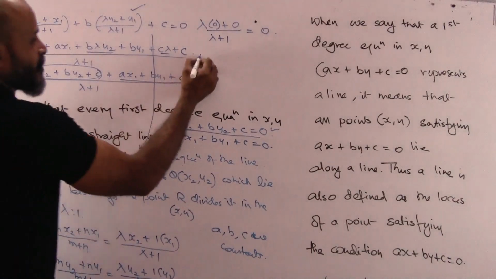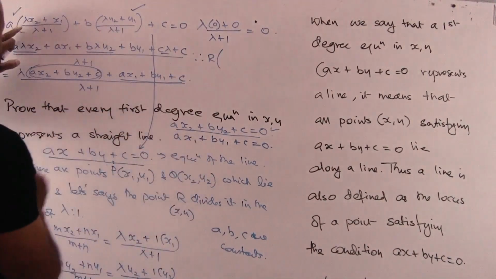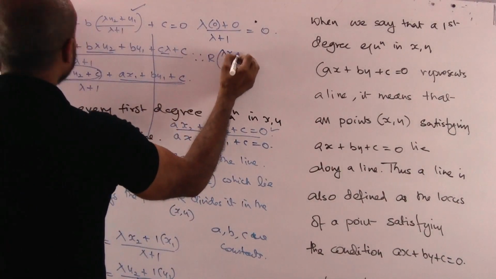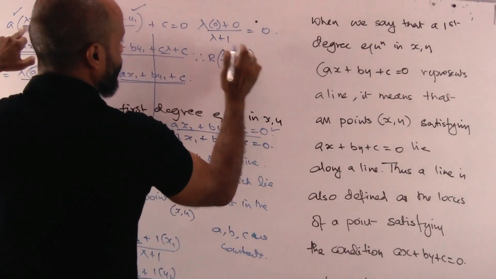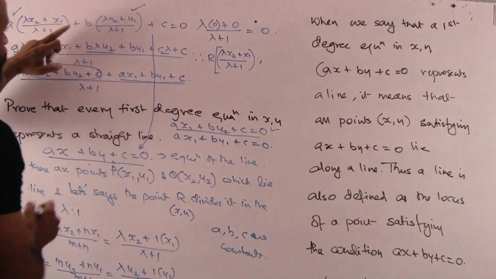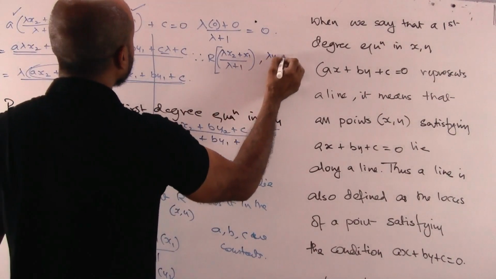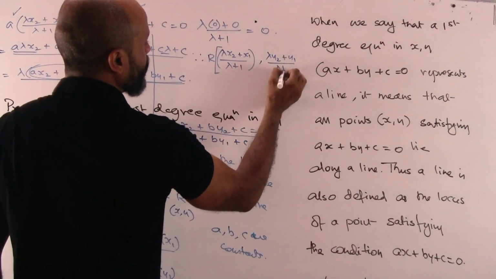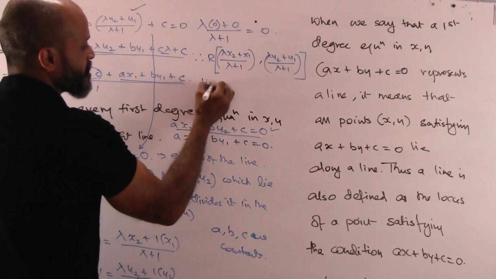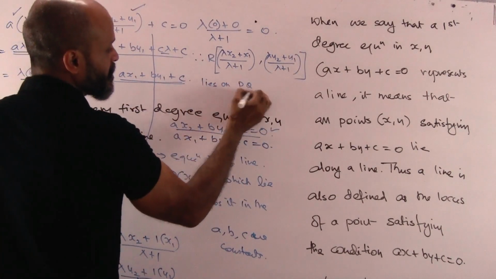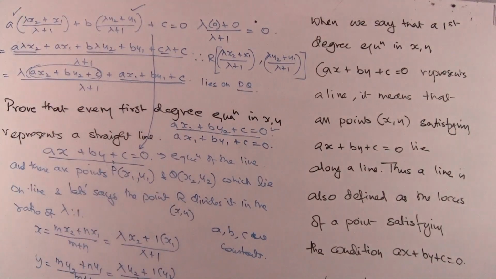So we can say therefore R, which has x coordinate lambda x2 plus x1 upon lambda plus 1 and y coordinate lambda y2 plus y1 upon lambda plus 1, lies on PQ. So that's what it is.